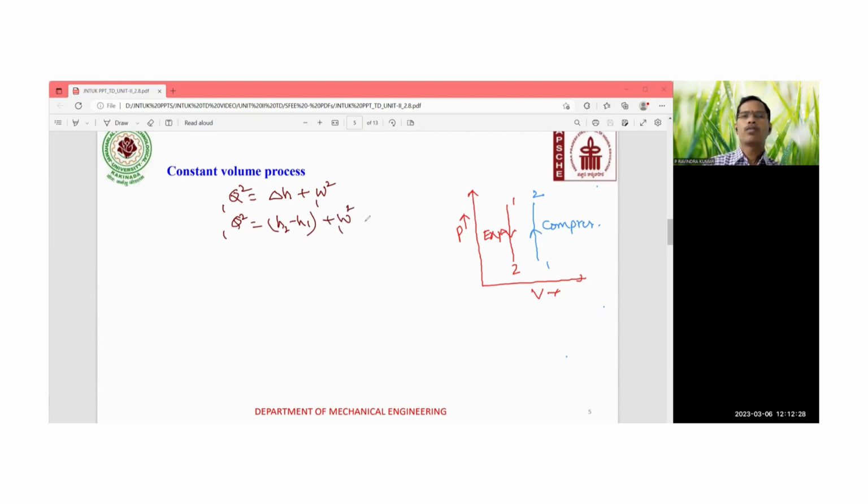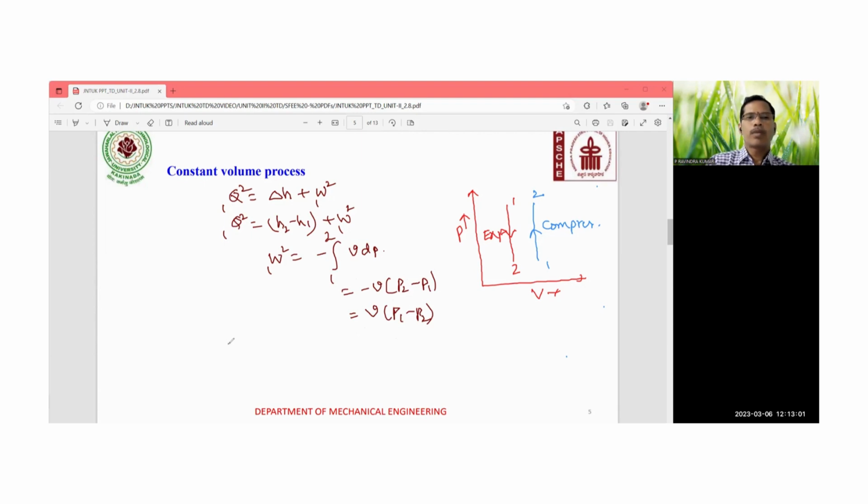In a constant volume process, this W1 to 2 is nothing but equal to minus integral of 1 to 2 of specific volume V into dP. This is equal to minus V times P2 minus P1, which is V into P1 minus P2, right?